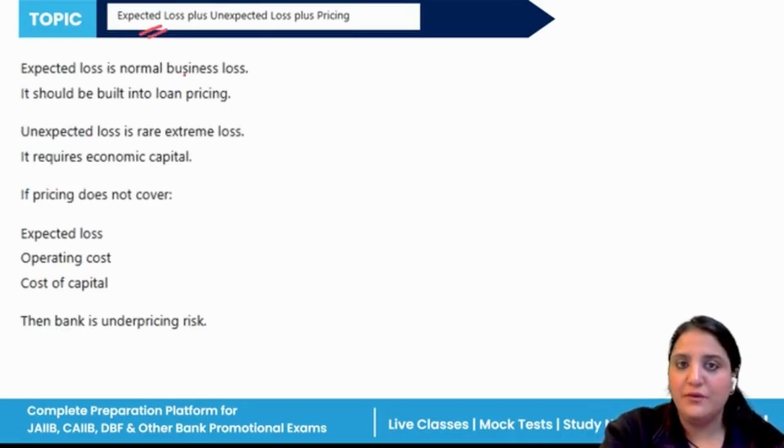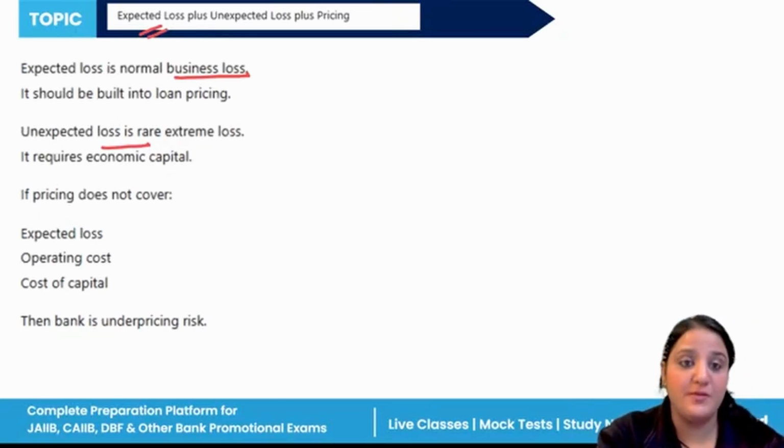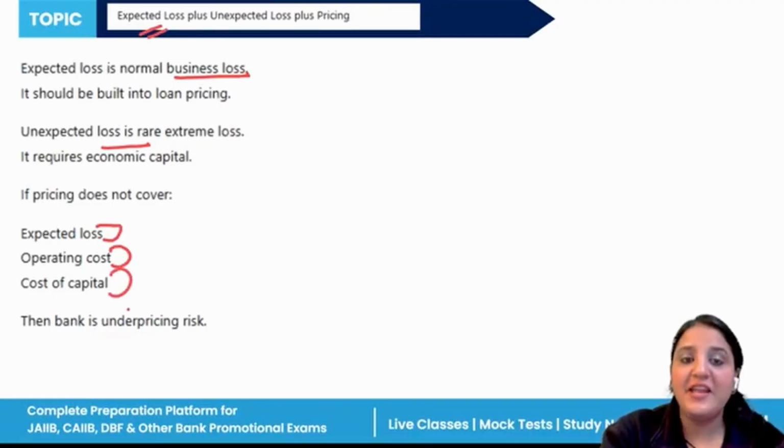Expected loss, I told you, is a normal business loss. This is a very common thing with every business. Unexpected loss is a rare extreme loss. And if pricing does not cover expected loss, operating cost and cost of capital, then the bank is underpricing risk.